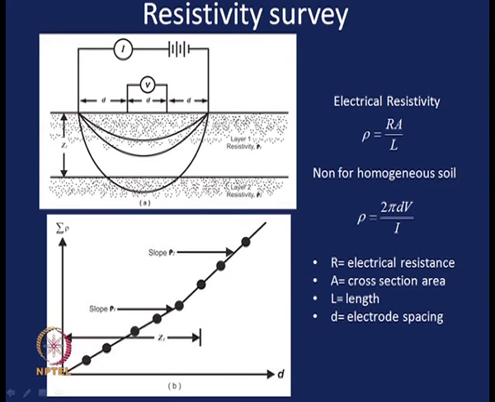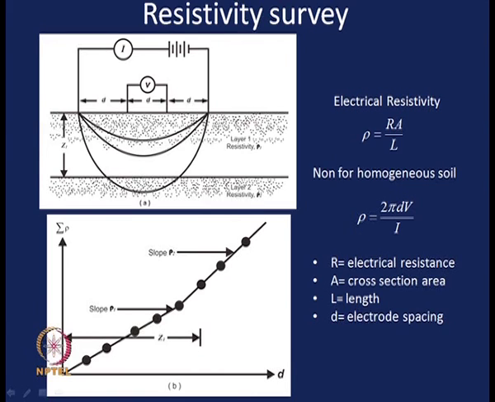Ultimately we will get this type of plot. From this plot we can see that there is a junction point, or change of slope, of this line. This point of change of slope and the corresponding distance D indicate the thickness of the first layer.